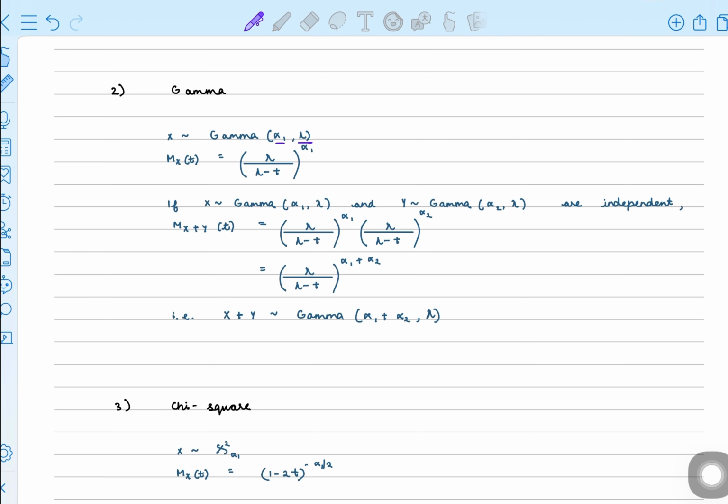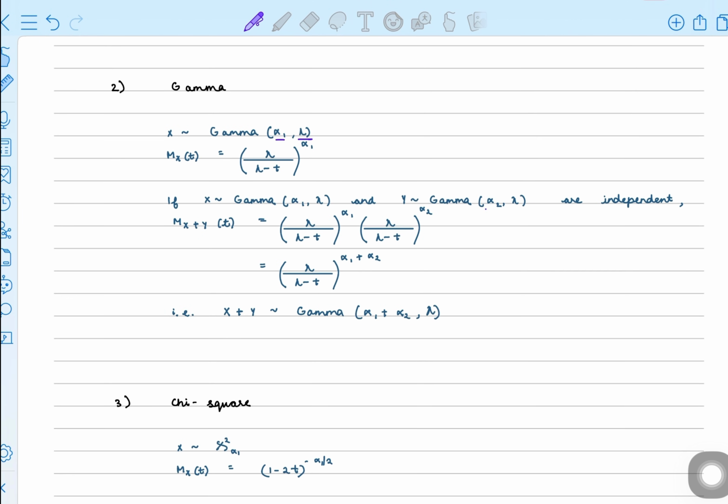Now, if x is same as before and the random variable y follows the gamma distribution with the parameters alpha 2 and lambda, such that both of these random variables are independent, then the MGF of the sum of x and y is simply the product of both the individual MGFs.